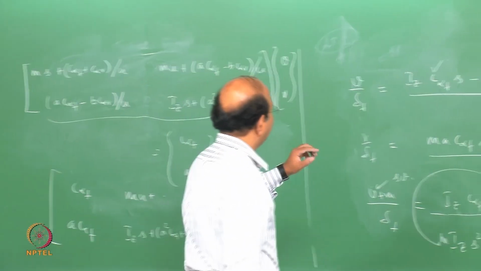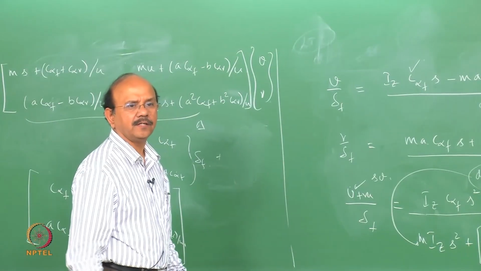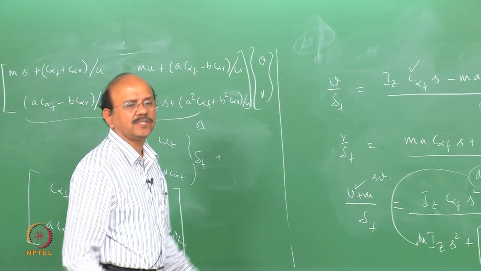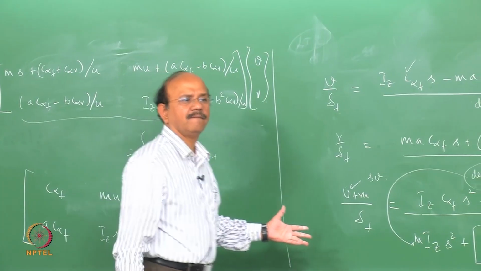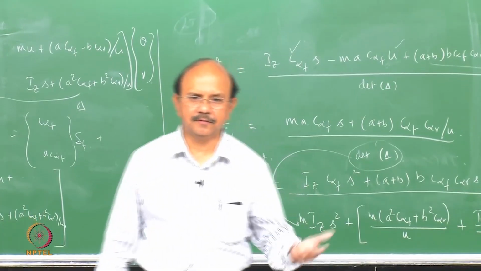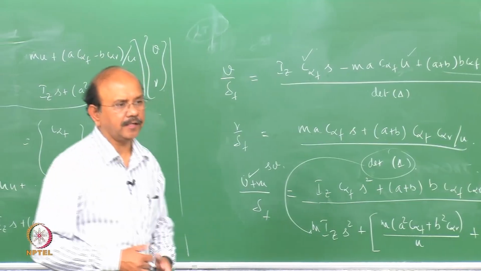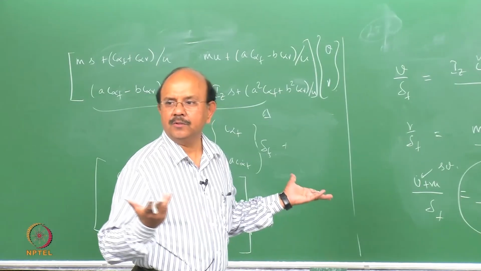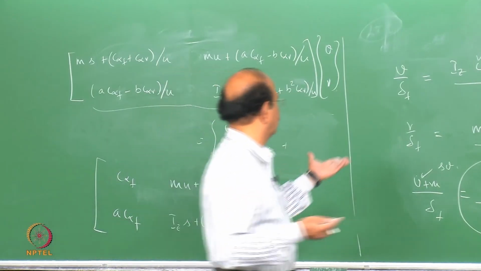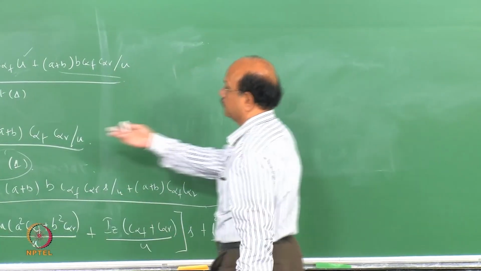Now let's quickly pick up this and this before we write what is steady state gain. What is steady state gain? This is nothing but the transfer function. So when do you call this a steady state gain? When S is equal to 0, that's all. So that means that R by delta F, this term will go off.